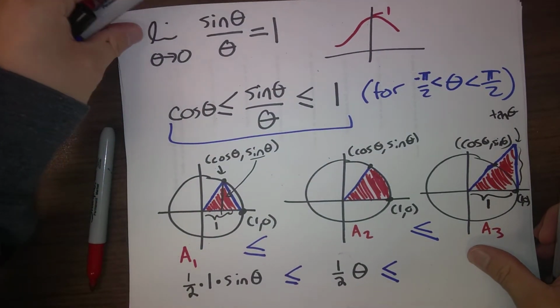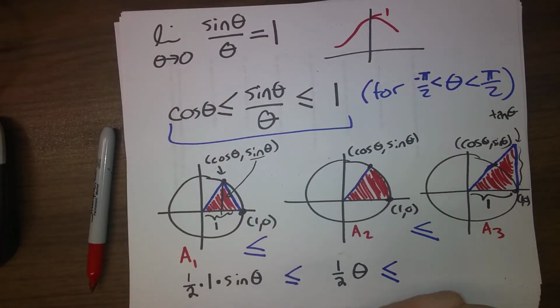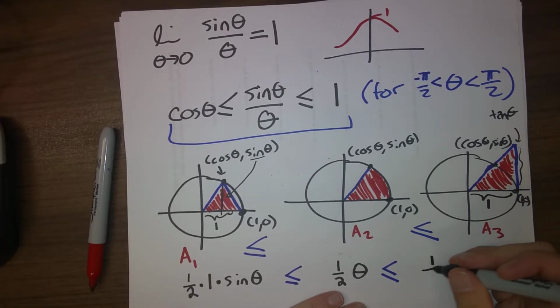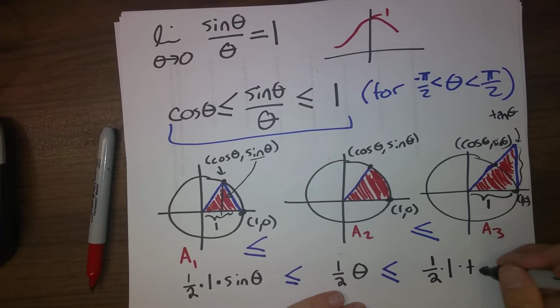Actually, let's omit that for the time being, and just go ahead and say that the area here is 1/2 times 1 times tangent theta.